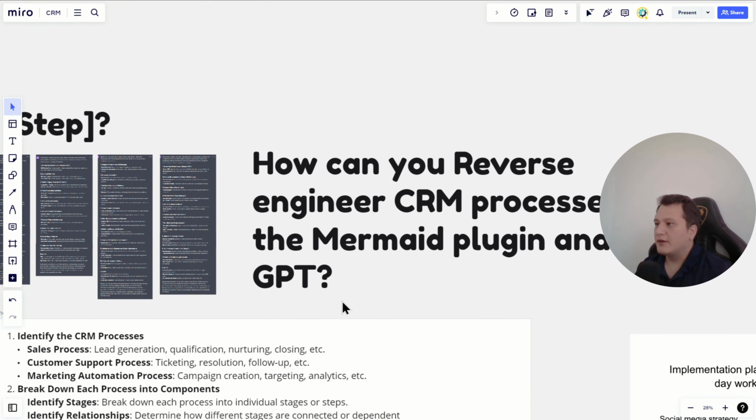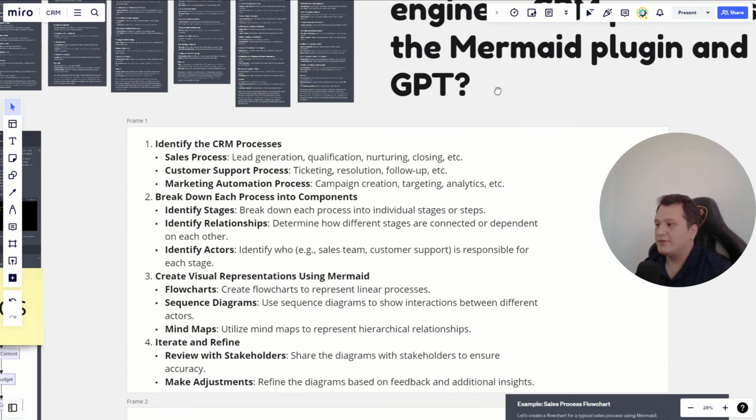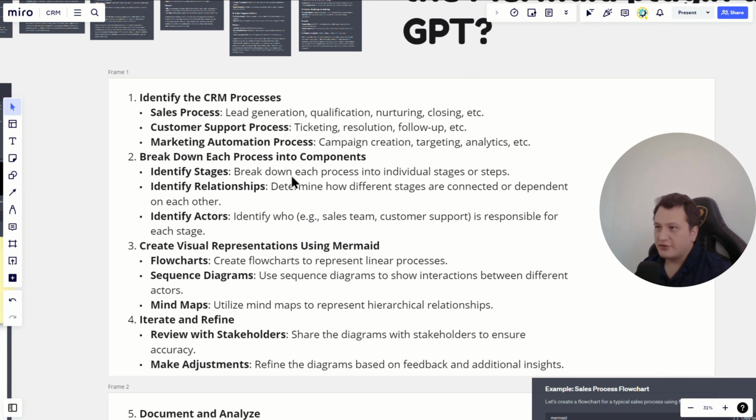So the big question: how can you reverse engineer CRM processes with the Mermaid plugin and ChatGPT? First, we identify the process, and this can be applied with other software as well.